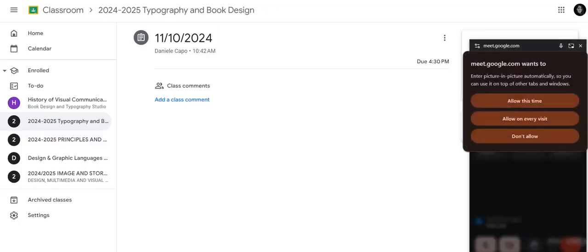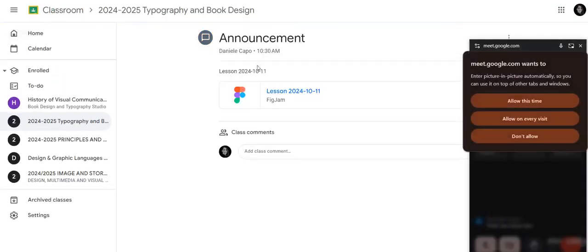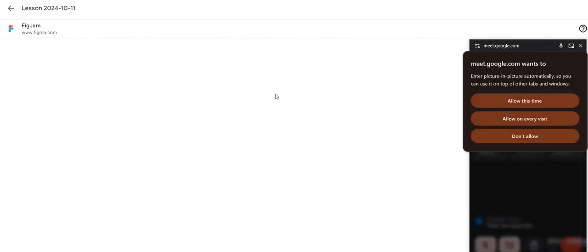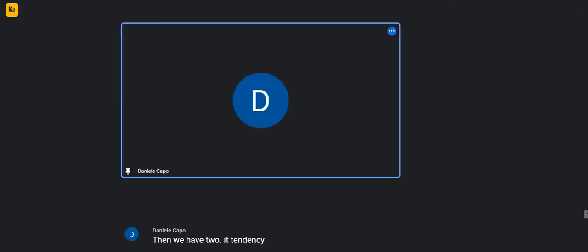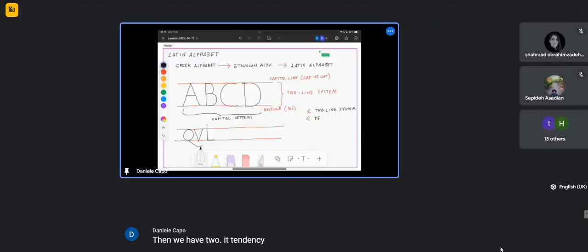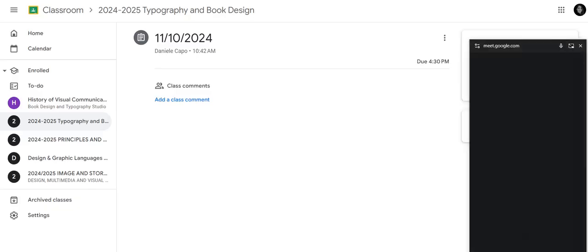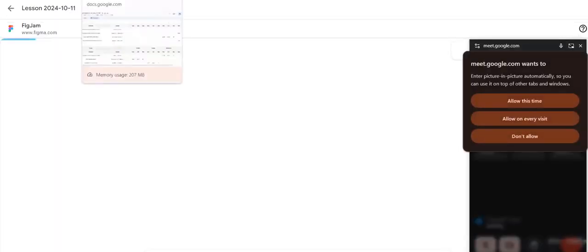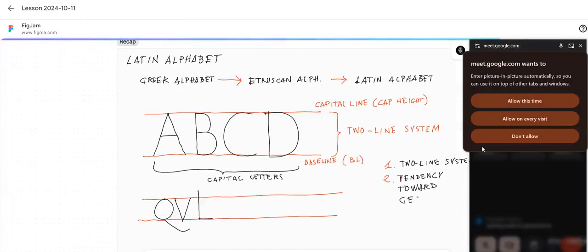Then we have two. A tendency toward a certain kind of geometrization.